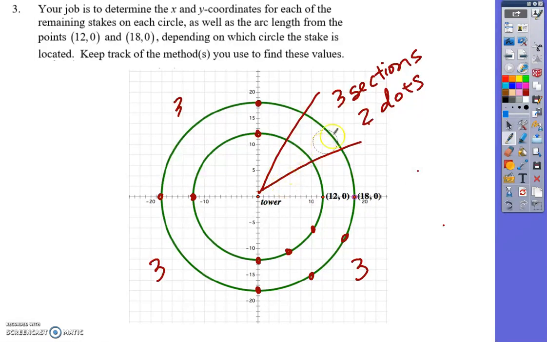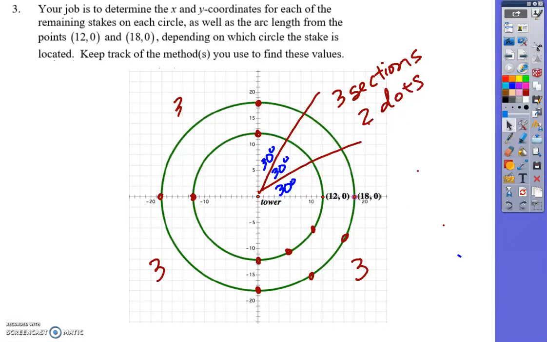Another hint: we've got 30 degrees in each of these sections because we took 90 and broke it into 3 sections to create these 2 more dots we have to find. We're going to use sine and cosine and the arc length bit to figure out where everything is. Remember, sine is the y movement and cosine is the x movement. Go ahead and pause the video now and see what you can come up with.